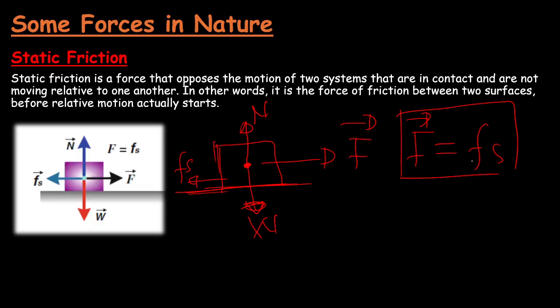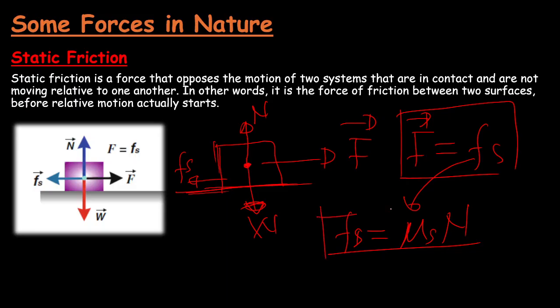Okay, but we know that our static friction from the formula of friction is what? Mu N. Now, mu, since we are dealing with static friction, will be mu s, the coefficient of static friction, multiplied by normal force. So this would be our formula for what? For static friction.